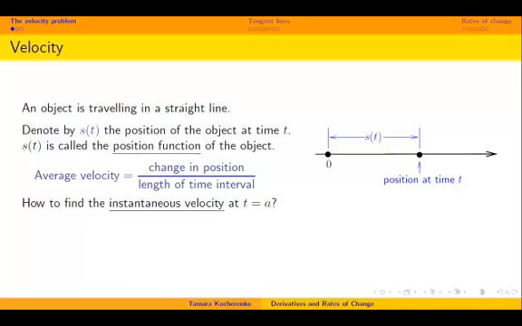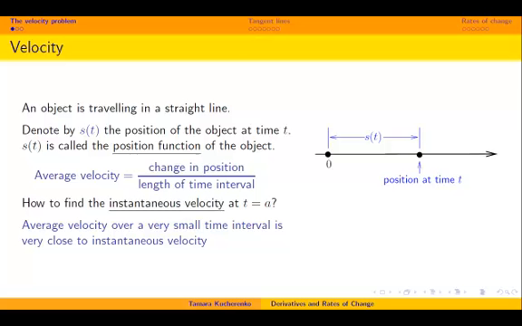However, we can estimate the instantaneous velocity by computing the average velocity over a small time interval. The idea is the following. Average velocity over a very small time interval is very close to instantaneous velocity.